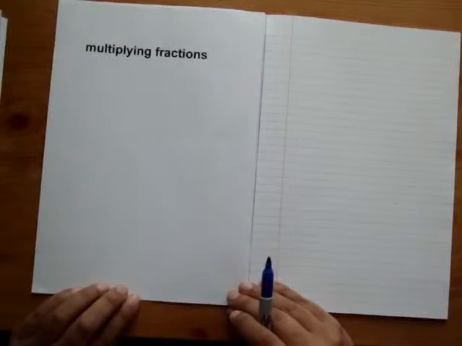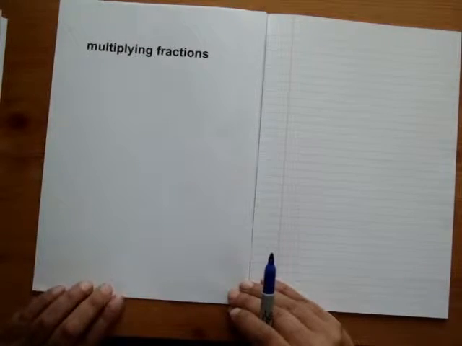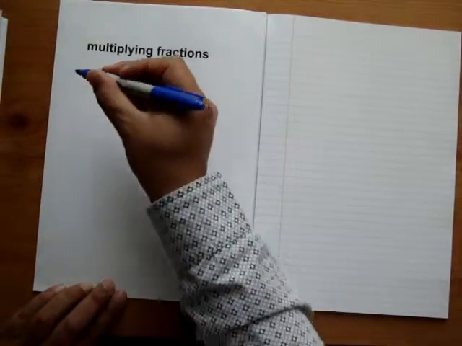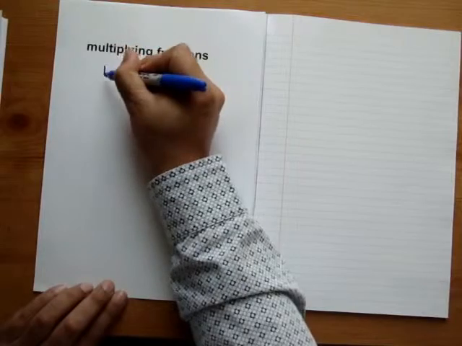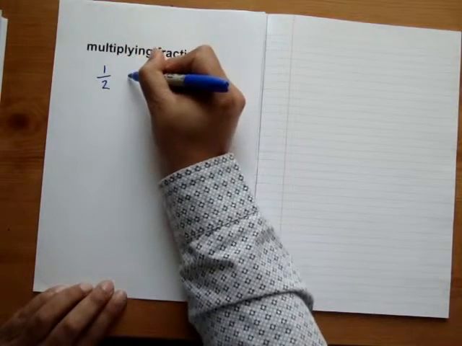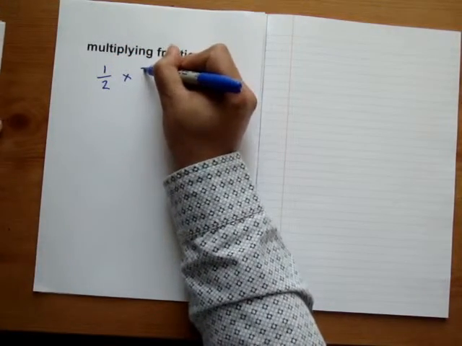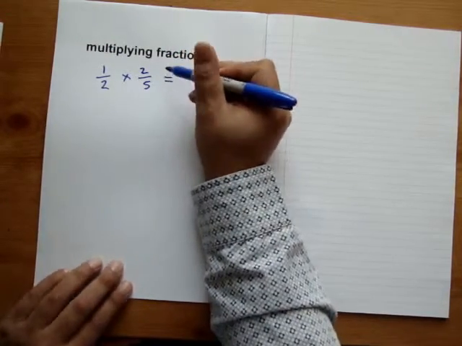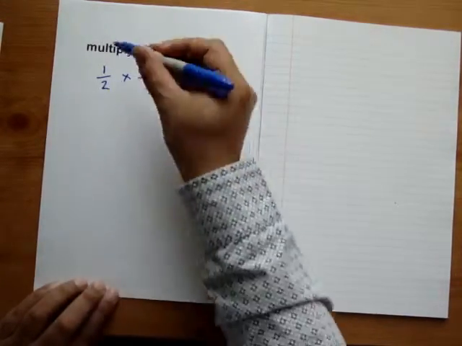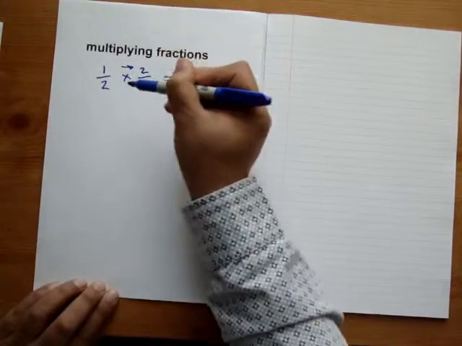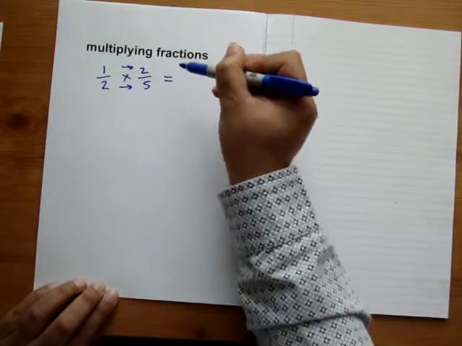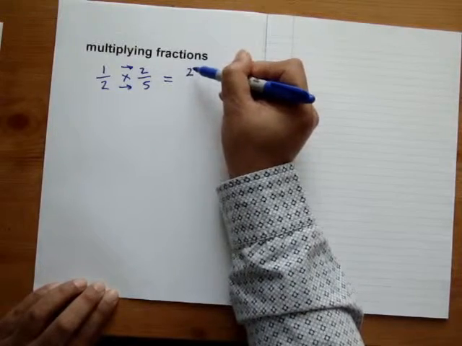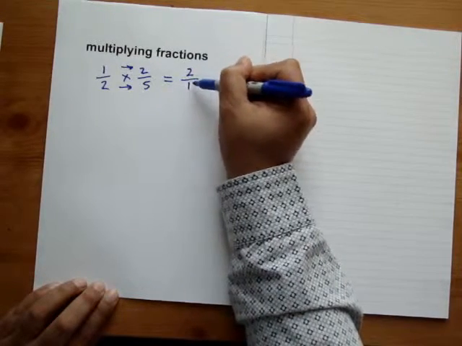So let's have a look at multiplication. We can just multiply across. So what I mean by that is, say we have a half times 2 over 5. We multiply the 1 by the 2, and multiply the 2 by the 5, and then we get 2 over 10.